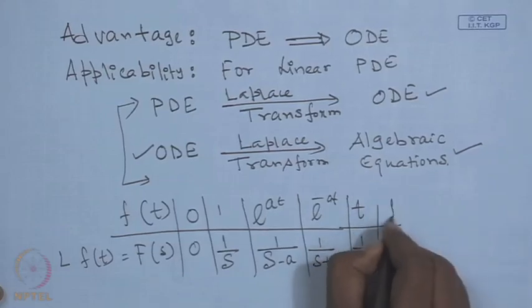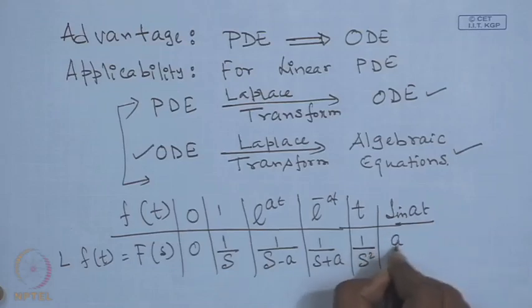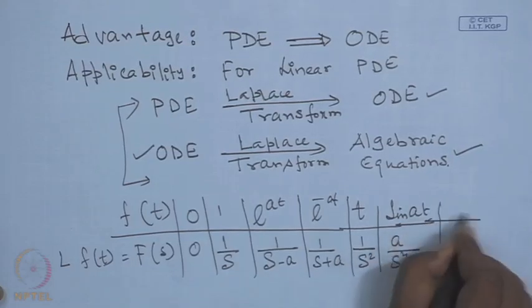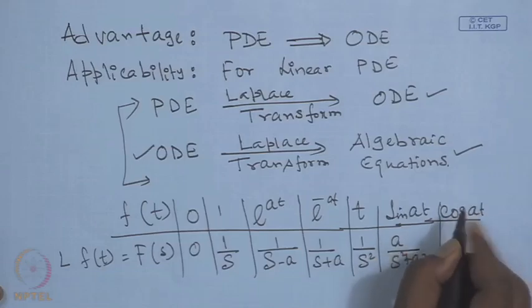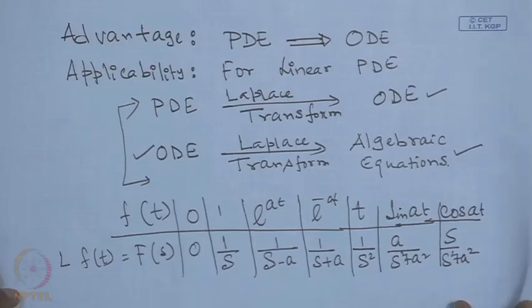If it is sin a t, then this will be a divided by s square plus a square. If it is cosine a t, then it will be s divided by s square plus a square. These are some typical functions whose Laplace transforms in the S domain are given.